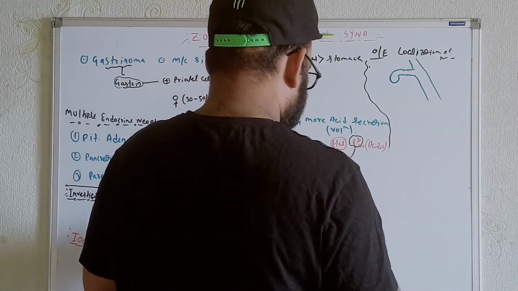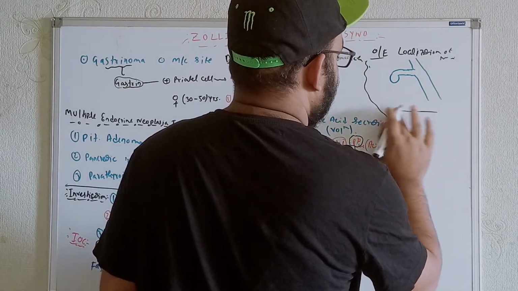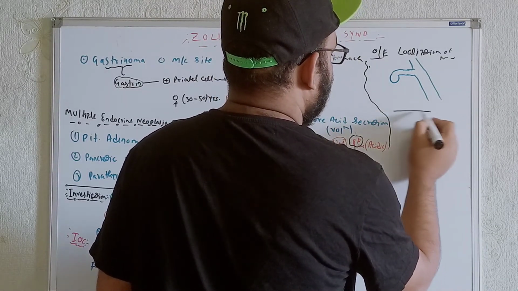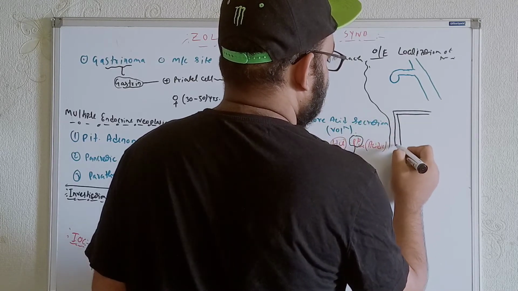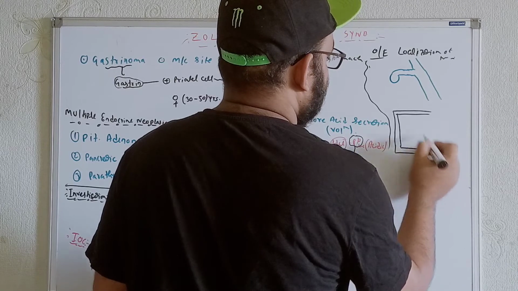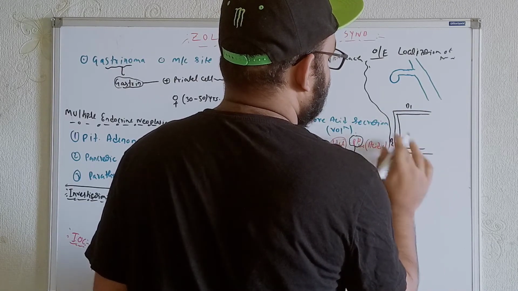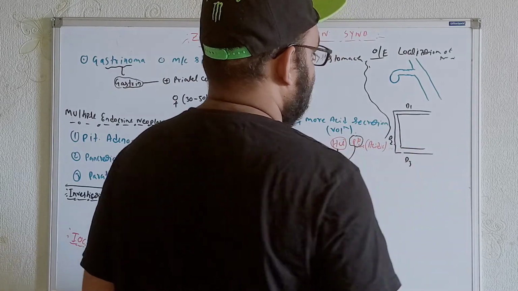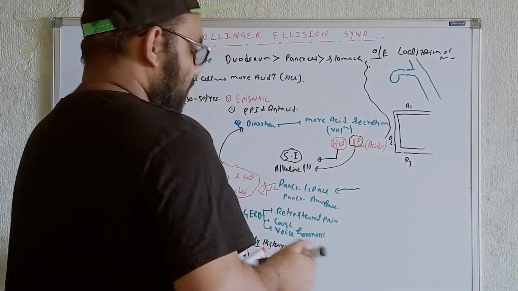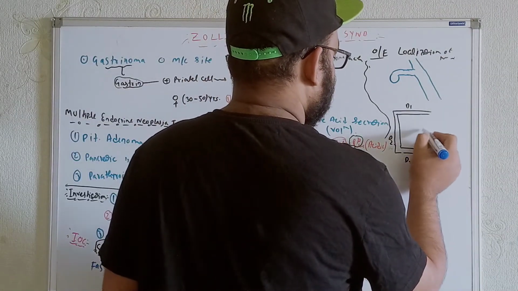And for example, I'm just taking that we are getting the duodenal part over here: the first part, second part, third part, D1, D2 and D3 over here. And what we get over here is the pancreas.